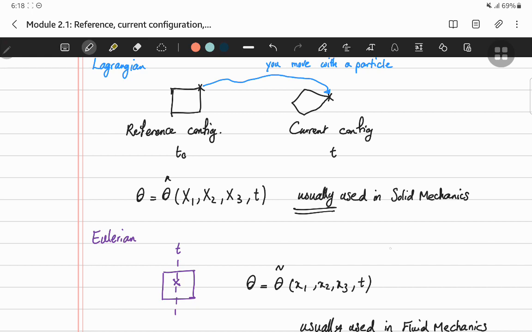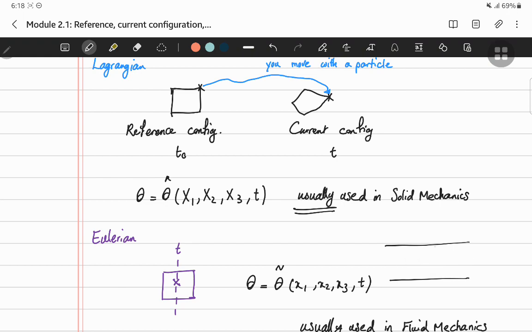For example, suppose you have a river like this, and you want to know what is the temperature of this particle here. So you have to trace it where it goes and read it with time for different times. This is somehow impossible.